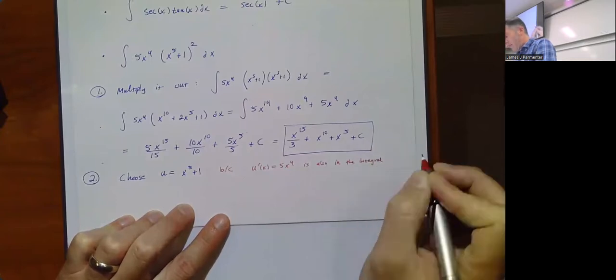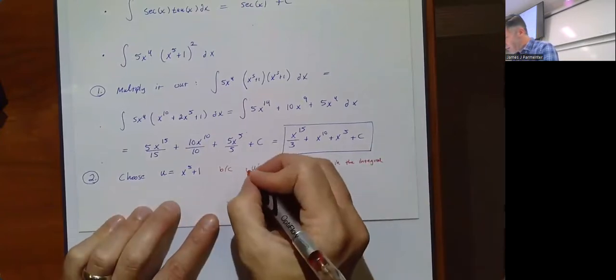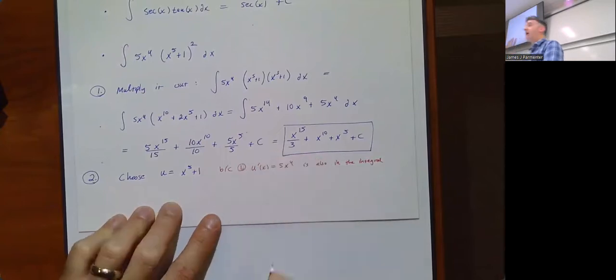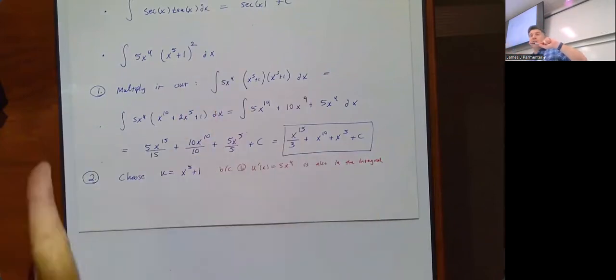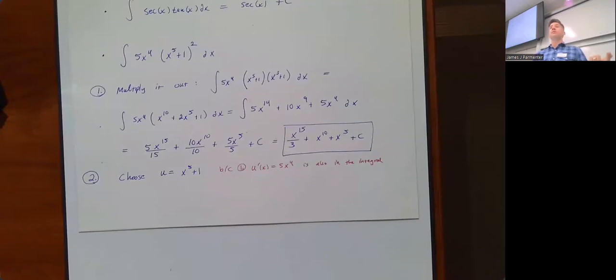I've done that one first because it is the primary thing you're looking for. If you see a thing you can choose for u so that the derivative of that is already in there, great.